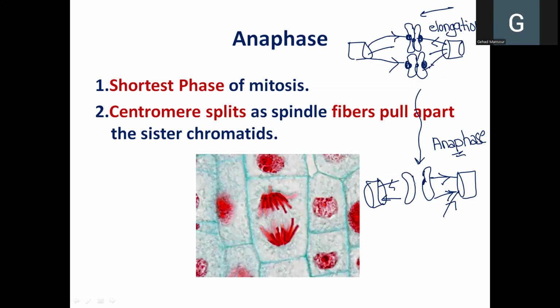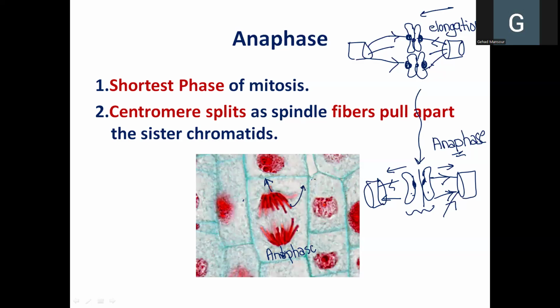So the centromere here that used to join the two sister chromatids of the same chromosome will be forced to split, and the two sister chromatids will be forced to move apart. So this is clearly the anaphase, and in this anaphase, there has been shortening of the spindle fibers in order to separate the sister chromatids.